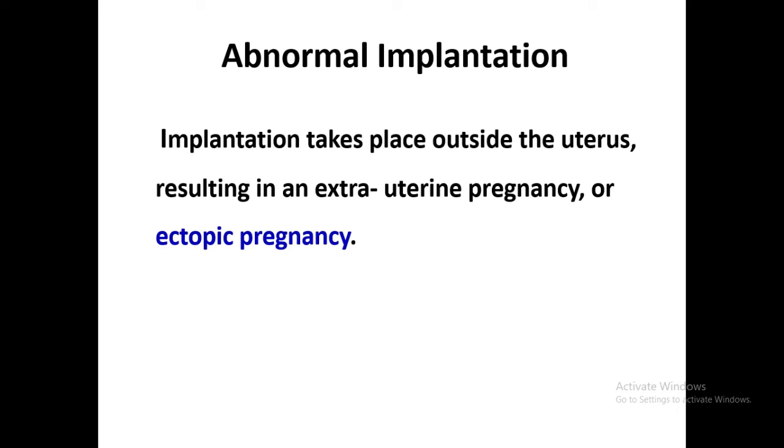Now come to abnormal implantation. We already know that implantation takes place in the anterior or posterior wall of the uterus close to the fundus. If implantation takes place outside the uterus, it results in an extrauterine pregnancy or ectopic pregnancy.